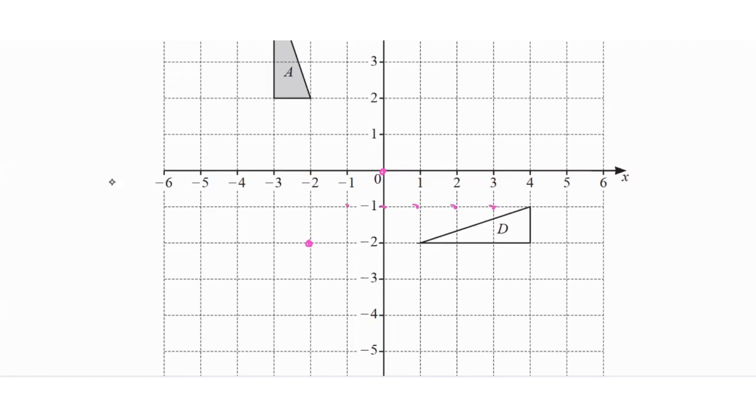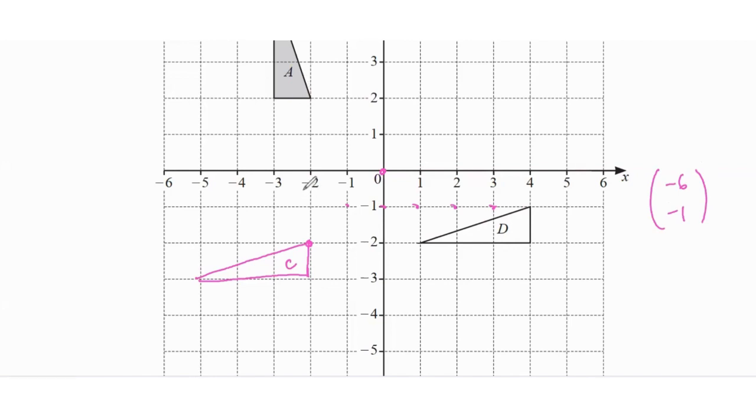So basically our triangle C is going to be this. We do the opposite to find triangle C. The translation vector from C to D was (6, 1), so from D to C would be (-6, -1). So I move 6 units towards the left-hand side and 1 unit down.